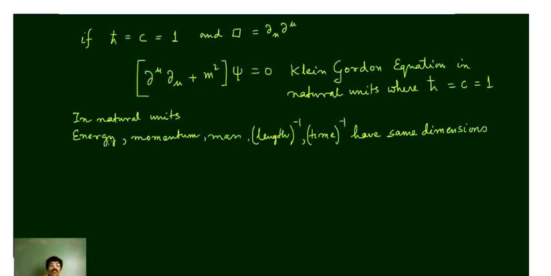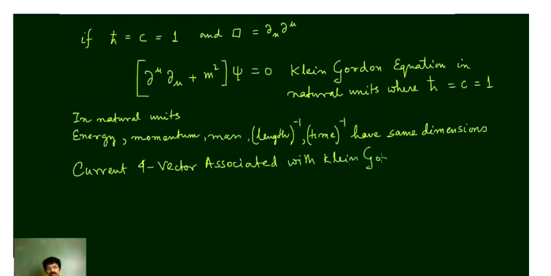Now what we shall do now is the current 4 vector associated with the Klein Gordon equation.